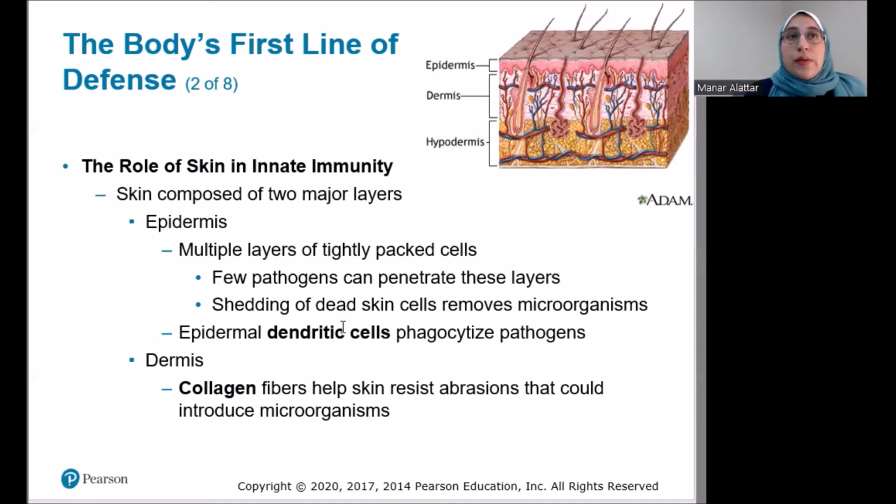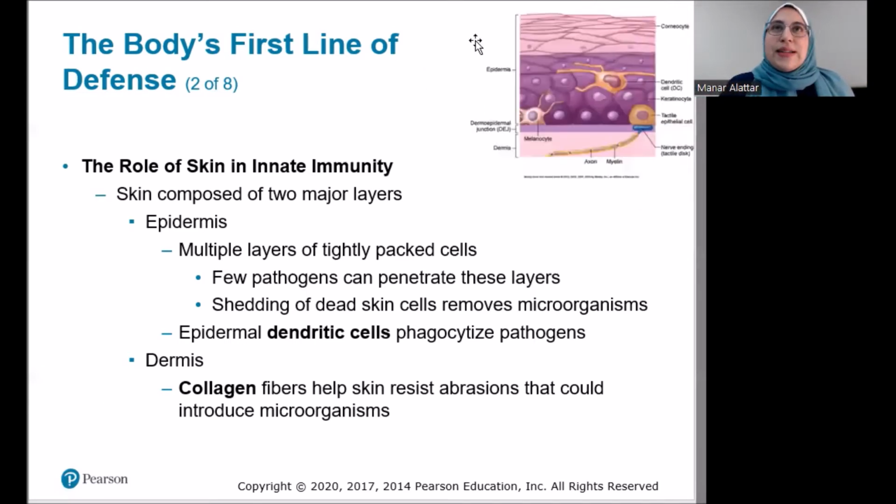One of the things that we have is what's called dendritic cells. These are types of white blood cells that literally have dendrites, or pseudopods, as you can see here, and those pseudopods reach in between the various cell layers and clean out microbial agents in that environment.